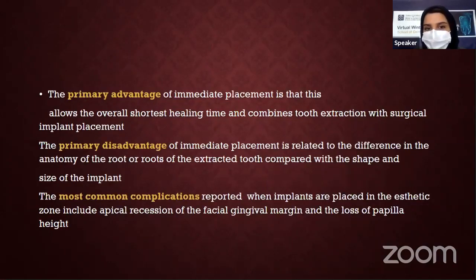The primary advantage of immediate placement is shorter healing time, combining tooth extraction with implant placement. The primary disadvantages are related to the different anatomy of the roots of the extracted tooth.